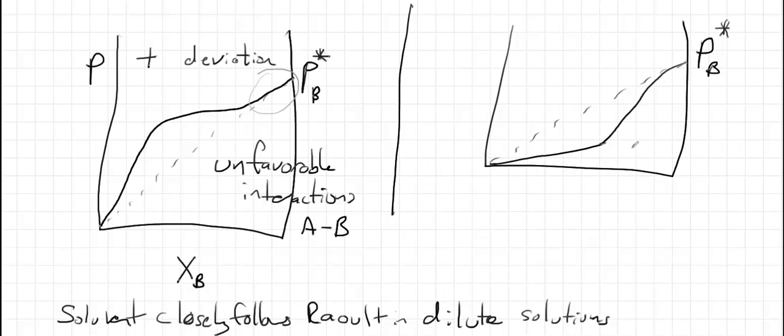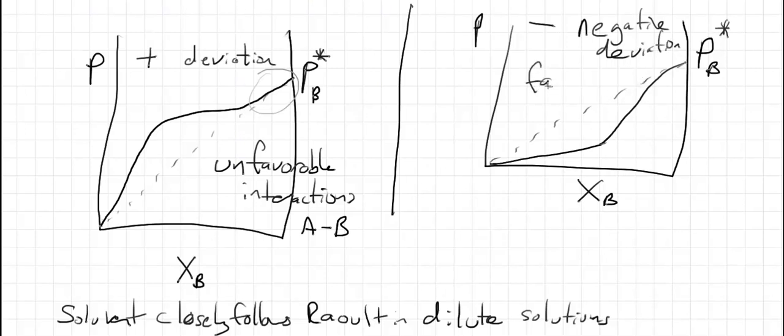So this is still a pressure composition curve. So here, this is a negative deviation from Raoult's law, because the vapor pressure is lower, and this is favorable interactions.